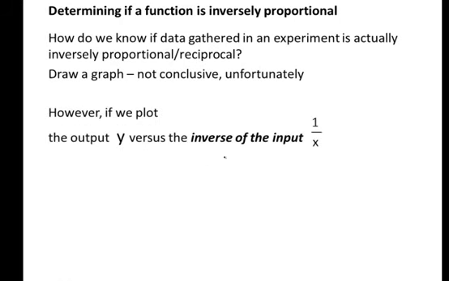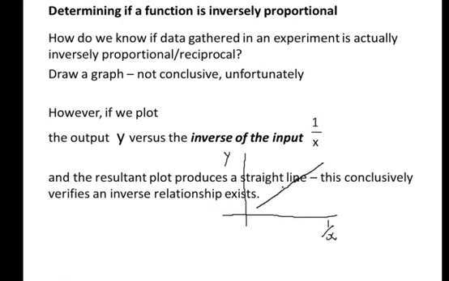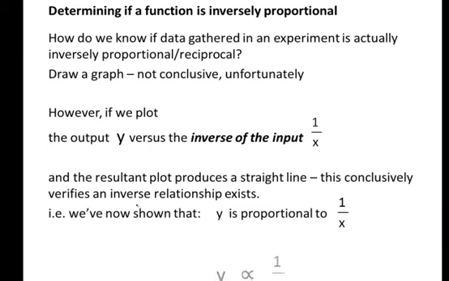But if we plot y, instead of having x on this axis, we put 1 over x, and we plot y, and we end up with a straight line plot, this conclusively verifies that y is proportional to 1 over x. And that's what we're trying to do initially, is just sort that.